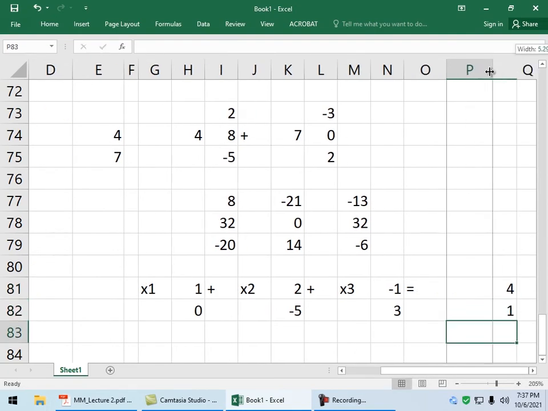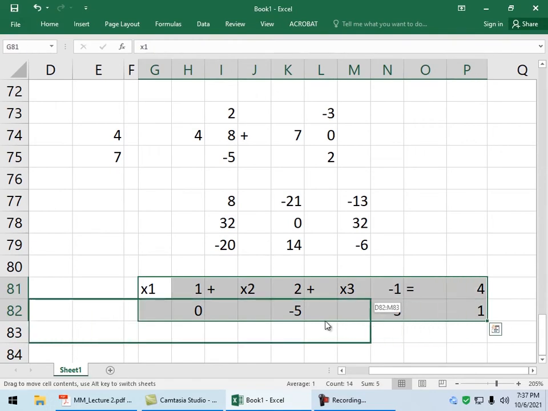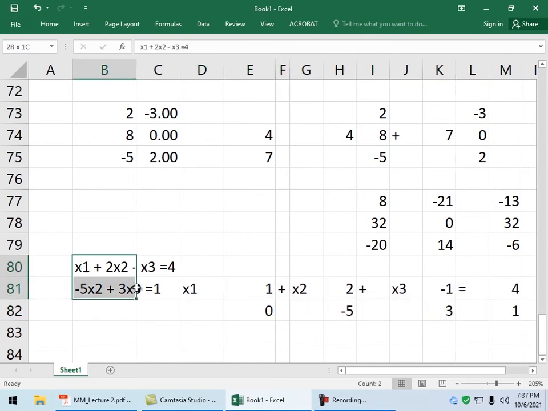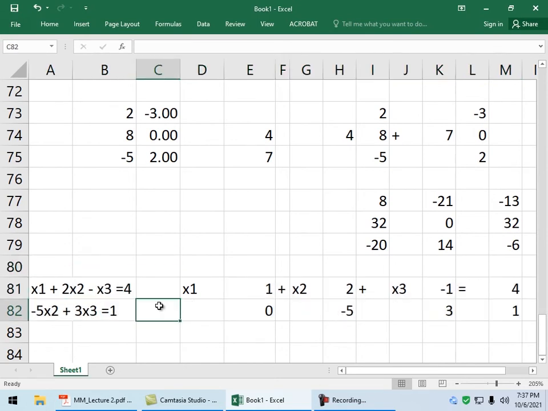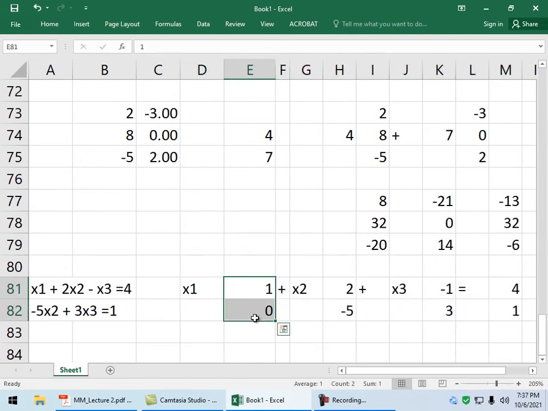Let me move this a little bit to the left. So this system of equations is equivalent to this kind of notation: x1 times, in square brackets, the vector, plus x2 times the square bracket vector, and so on.